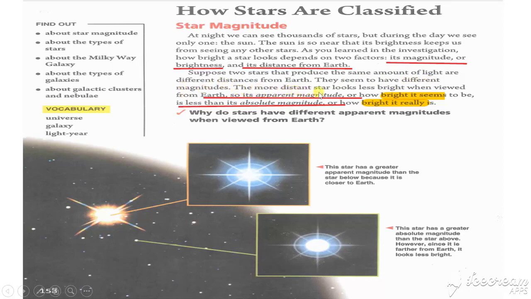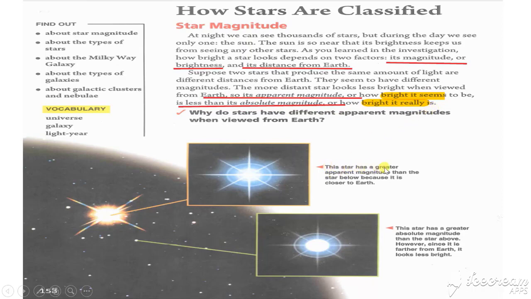The more distant star looks less bright when viewed from Earth, so its apparent magnitude, or how bright it seems to be, is less than its absolute magnitude, or how bright it really is.